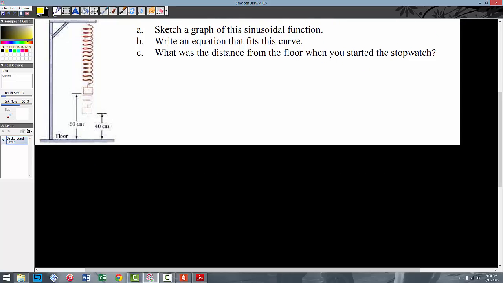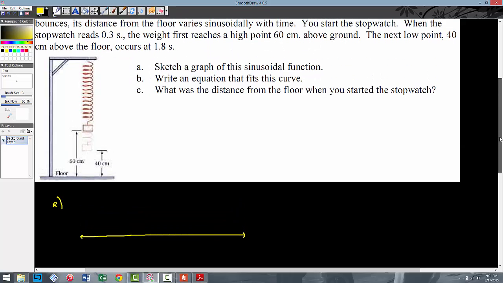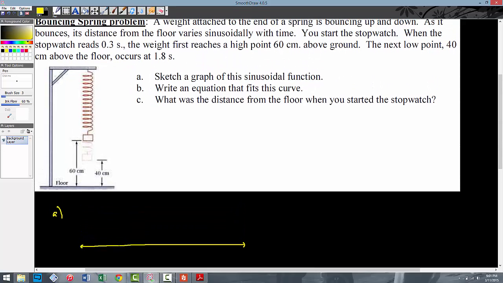First thing we're going to do is sketch a graph of this sinusoidal function. So part A, we're just graphing it. I'm going to go ahead and draw my horizontal line here. The problem reads that at 0.3 seconds, so let's mark this as 0.3, the weight reaches the high point of 60 centimeters off the ground.